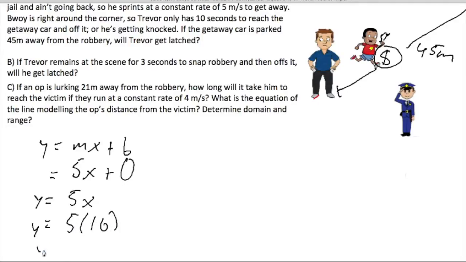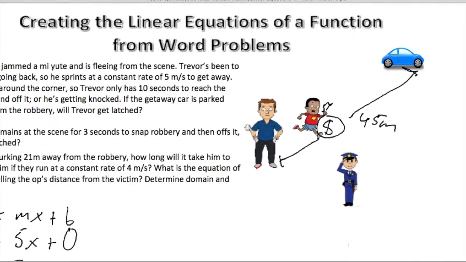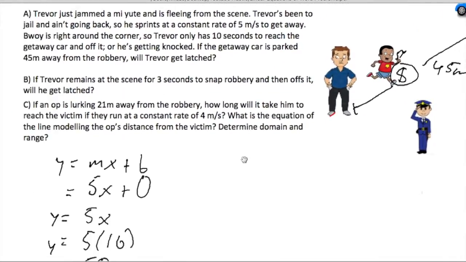And then y equals 50 meters. So if Trevor runs 50 meters, since 50 meters is greater than 45 meters, clearly he can get away. So Trevor's blessed. He's off with his nice money, and he's hopping in the whip.